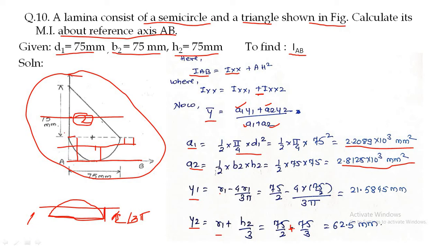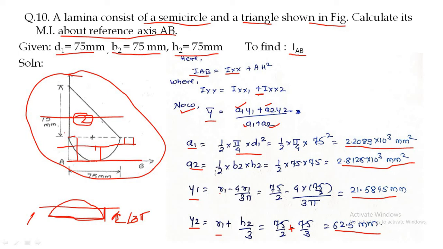So are you clear? The position of the first centroidal axis from the base is 21.5845 mm and the position of the second centroidal axis from the base is 62.5 mm. Yet we have to find the position of the central axis of the whole plane. So what formula are we going to use? We are going to use y bar is equal to a1 y1 plus a2 y2 upon a1 plus a2.